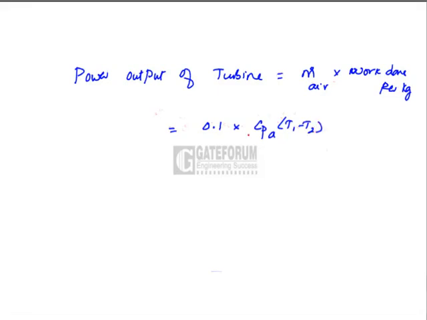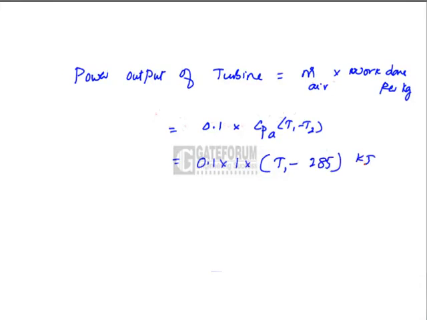Any work output from any gas turbine is calculated as change in enthalpy of the gas, which is nothing but Cp of the gas into change in temperature of the gas across the turbine. Therefore, 0.1 into 1, Cp is given as 1, T1 is calculated, minus T2, given as 285.